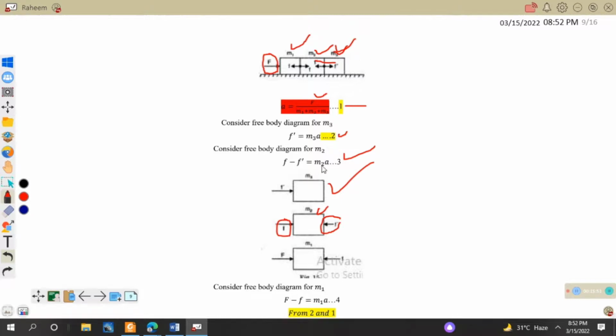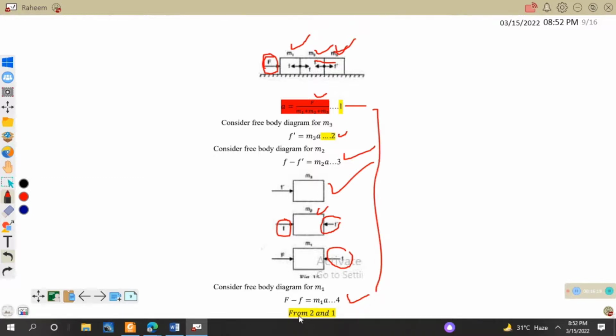So f minus F prime will be equal to m2 into A, and similarly for m1, in this case applied force is capital F in the right direction, and f is the response force by m2 on m1. So F minus f will be equal to m1A. So we have got our 4 equations: 1, 2, 3 and 4.